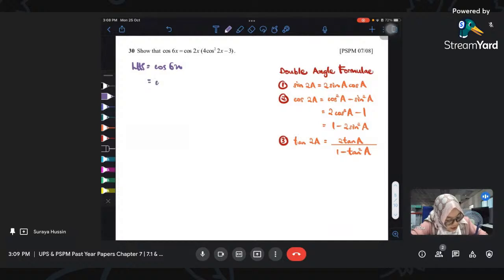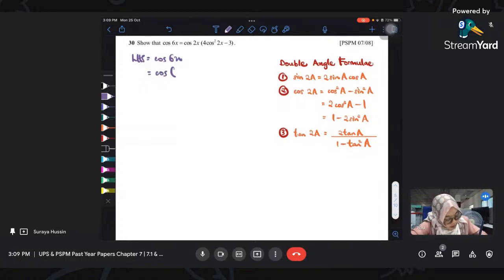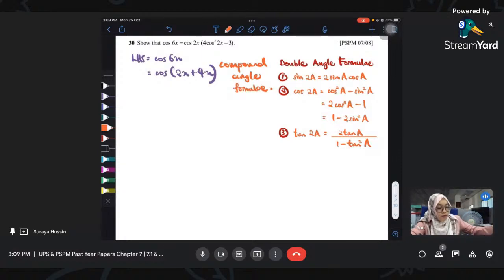Miss mahu ajar menggunakan compound angle. So here is where I will know that I can do 2x plus 4x. Cara tiba-tiba Miss pakai compound angle formula pula. Okay, compound angle formula pula Miss pakai. Yeah, I want to sing the song of cos. Cos, sine, sine. Cos, sine, sine.